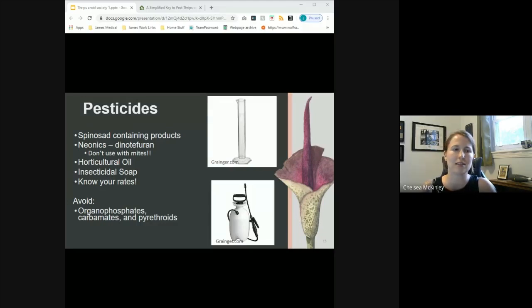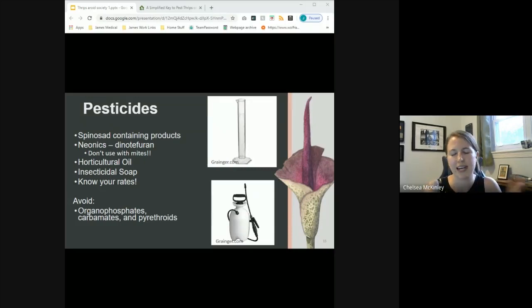So if you have a pest population, say you drench with dinotefuran, which is a neonicotinoid, and a month later the pest is still around, then, as long as it's not western flower thrips, you spray with some spinosad or insecticidal soap or horticultural oil or Botanigard. The idea is to use different methods as you're attacking your pest, so that it can't up its defenses time and time again.